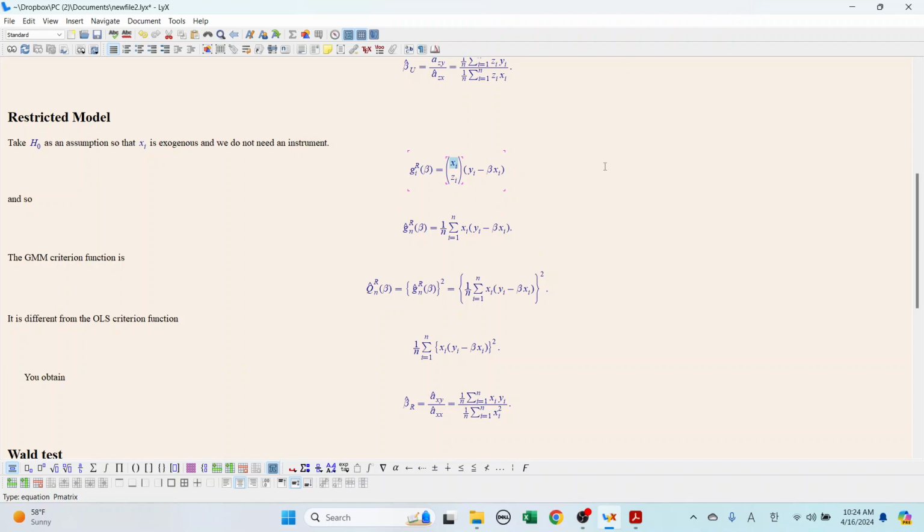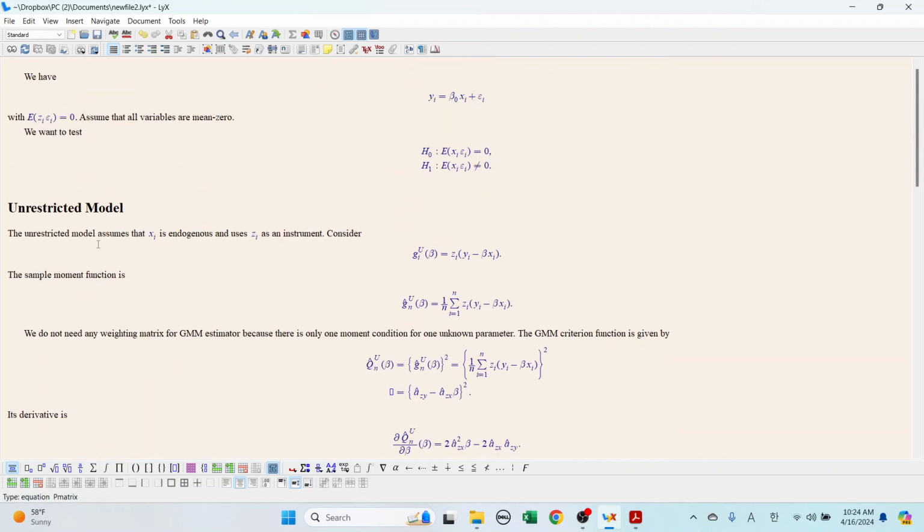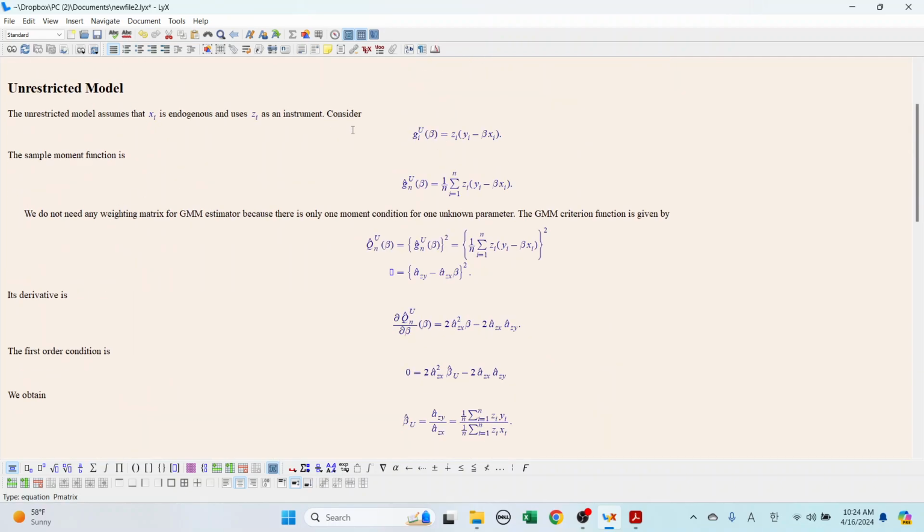Then the problem is, first, let's think about the unrestricted model. In the unrestricted model, we have only one moment condition and one parameter. So at the minimum, this will be 0, right? If you plug this back into this equation, you are going to get 0.